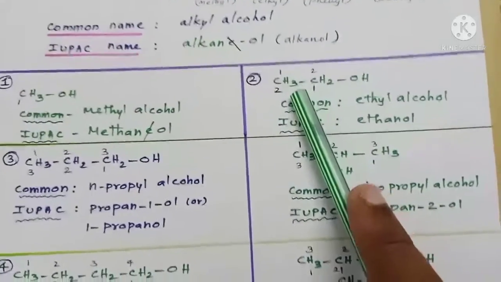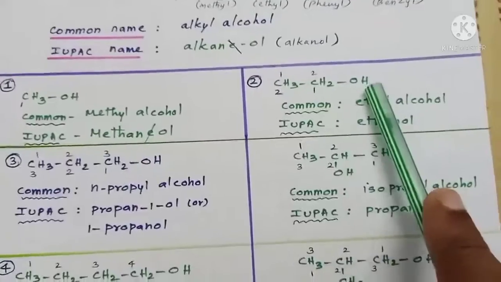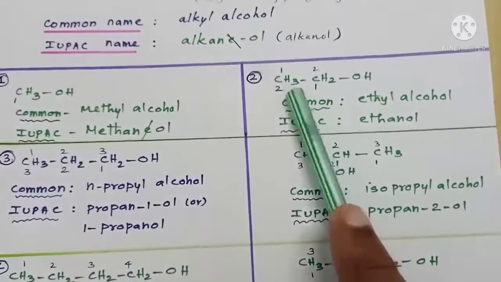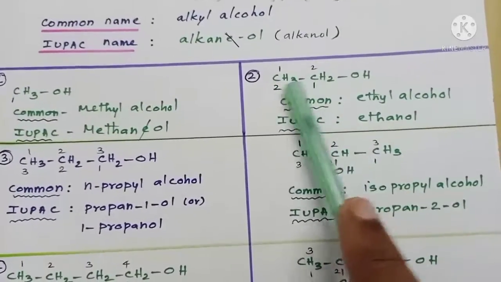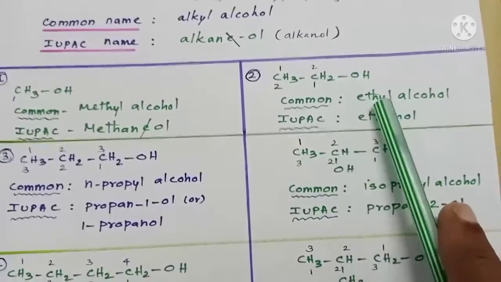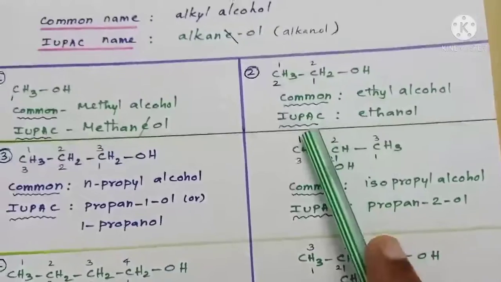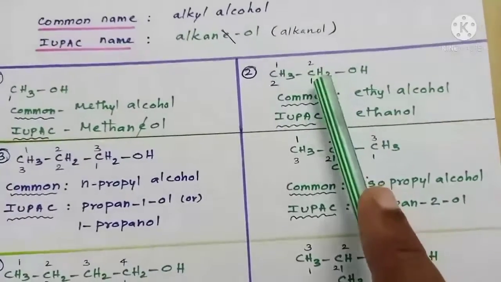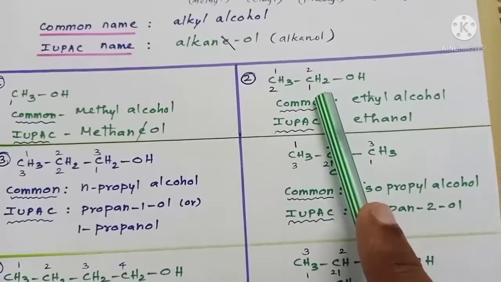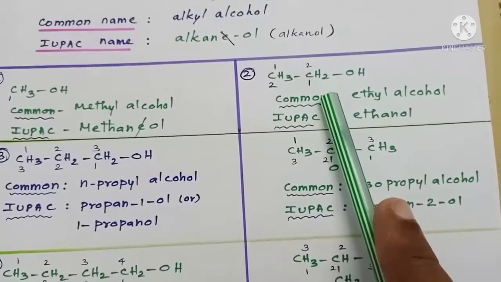The second member has the formula CH3CH2OH. The alkyl group is CH3CH2, which is called the ethyl group, so this is called ethyl alcohol. Then the IUPAC name. First we have to find the parent carbon chain, the longest continuous carbon chain.